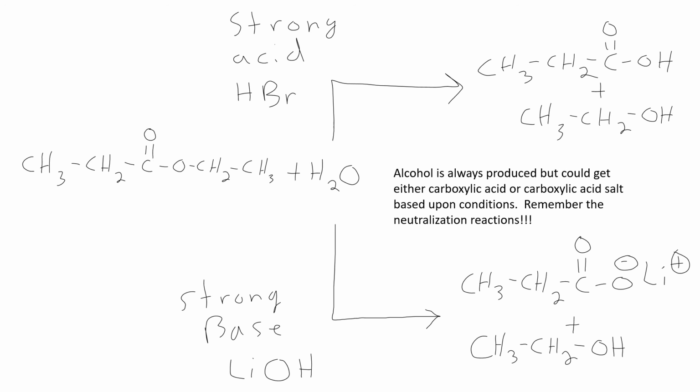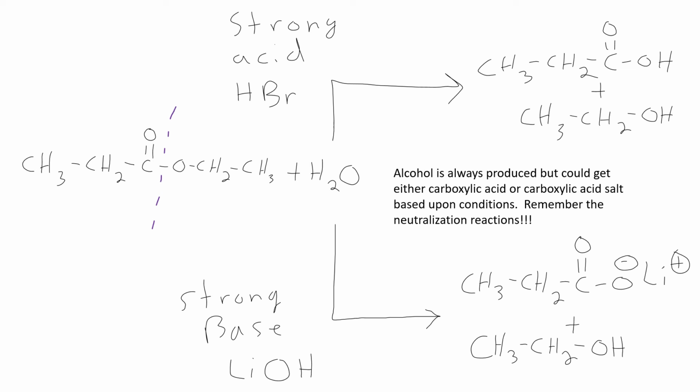Remember what you want to look for in an ester. Every time you look at an ester, you want to mentally, or maybe even actually, dissect the molecule right there in that purple dashed line between the C double bond O and the C single bond O. Because remember, that's going to split the molecule into its different sides, its different pieces.